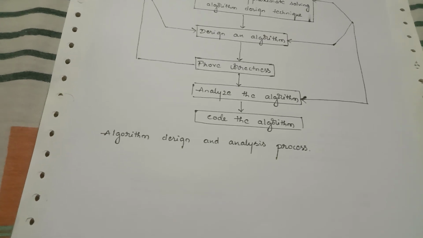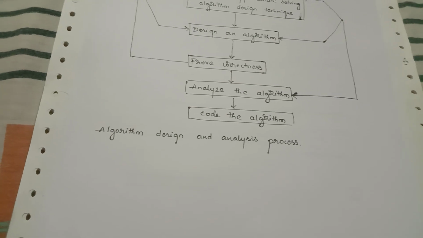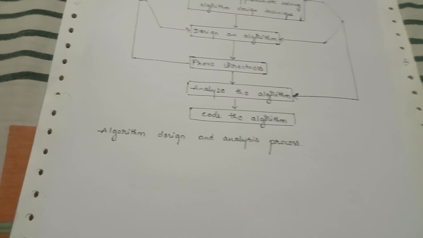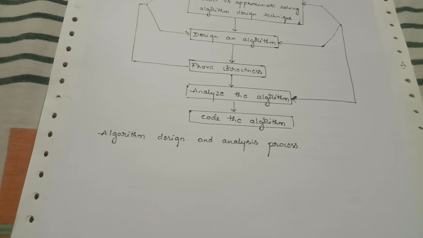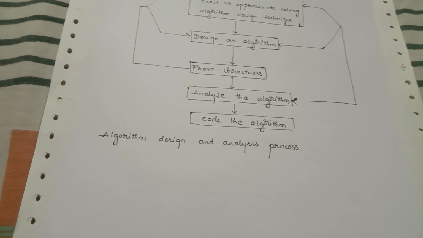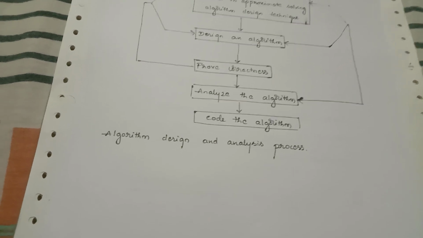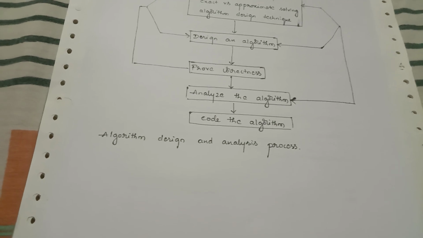Coding an algorithm: most algorithms are destined to be ultimately implemented as computer programs, and programming an algorithm presents both a peril and an opportunity. The peril lies in the possibility of making the transition from an algorithm to a program either incorrectly or very inefficiently.